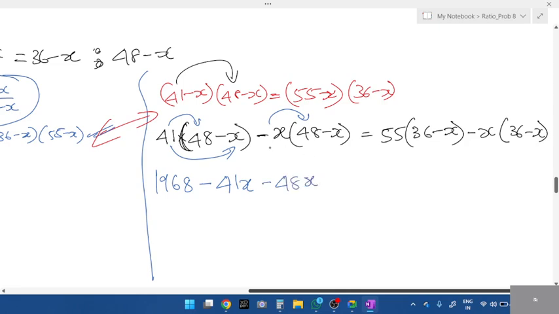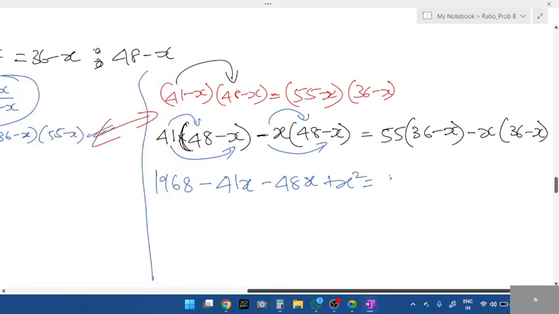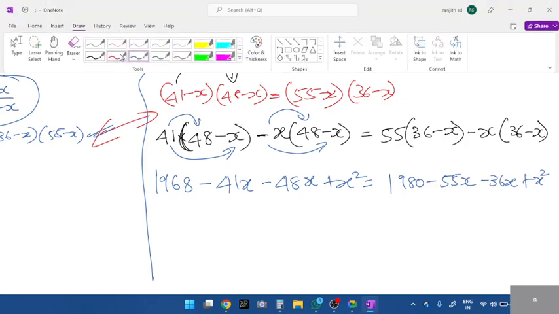Next. Right hand side. Okay, next. Okay, arrange all the like terms towards one side.